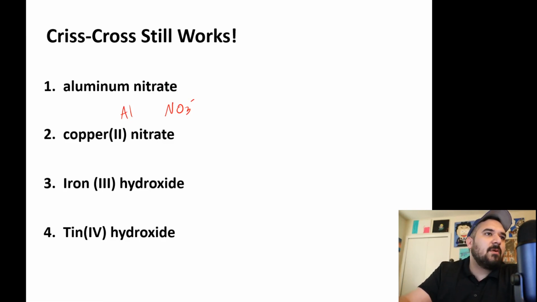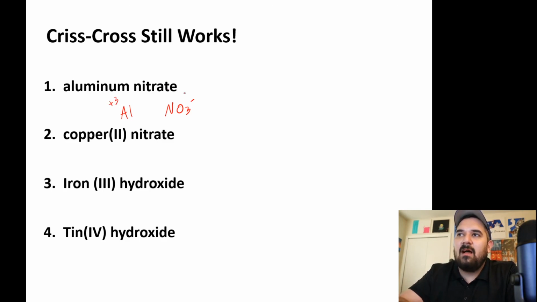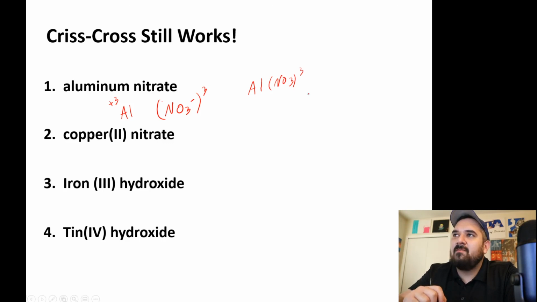If we look at the periodic table, aluminum is in group 13, which means it has a +3 charge. So how many nitrates are we going to need to bond to one aluminum? We're going to need 3. So we're going to put parentheses here and then a 3 right there. So our answer is going to be Al(NO3) with a 3 on the outside. And that's aluminum nitrate.